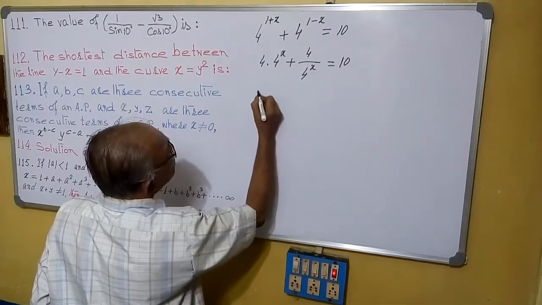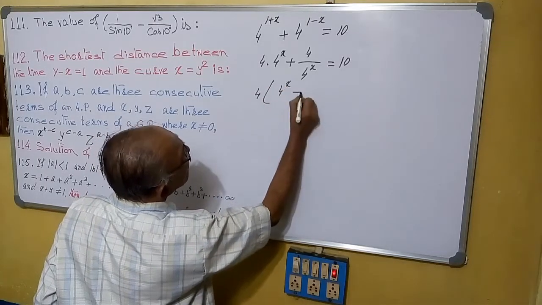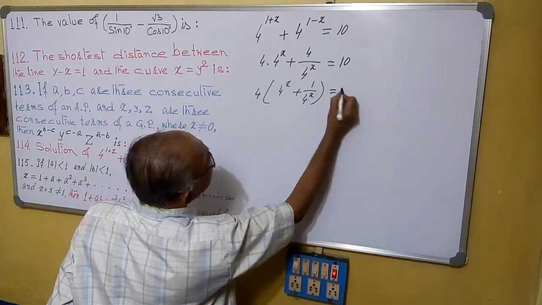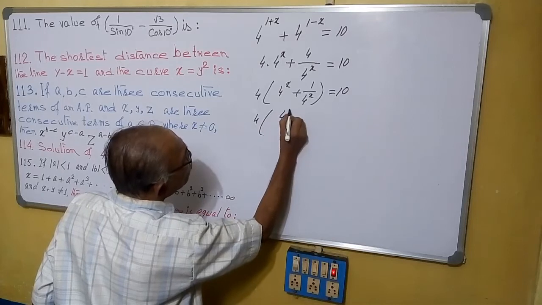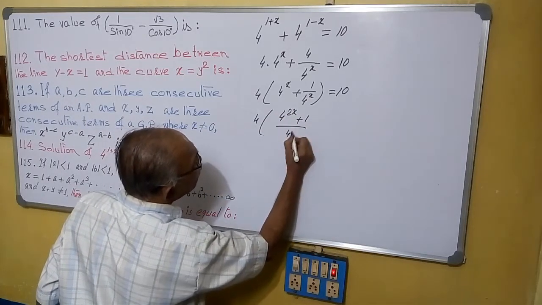If we take 4 common, 4 to the power x plus 1 by 4 to the power x equals 10. Or we can write 4 to the power 2x plus 1 by 4 to the power x equals 10.